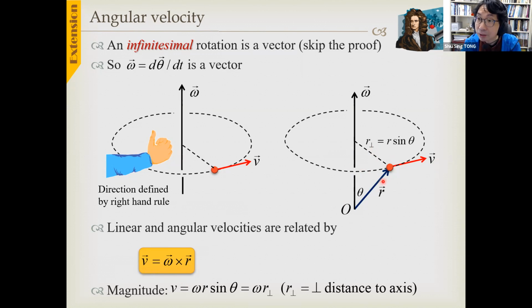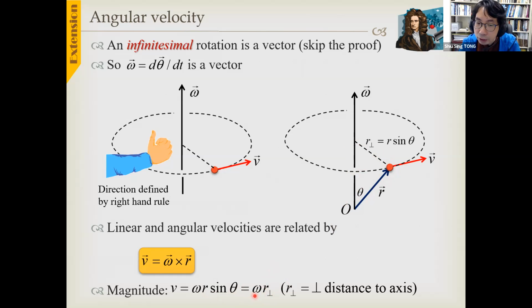Now we check the magnitude. The magnitude of the cross product between omega and r is equal to omega r sine theta, where theta is this angle. That is the definition of the cross product. But notice, what is r sine theta? Now, r is this vector, and this is a right angle triangle. So r sine theta is the perpendicular distance of the particle from the axis of rotation, that is r perp.